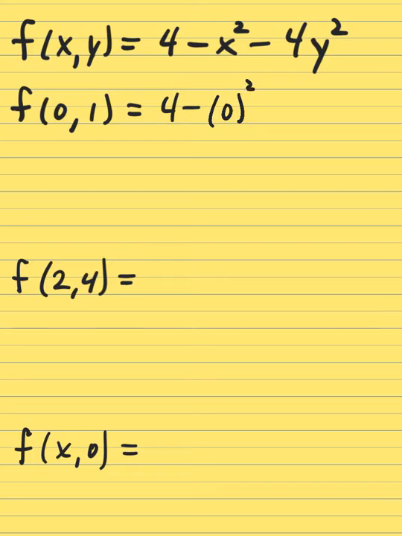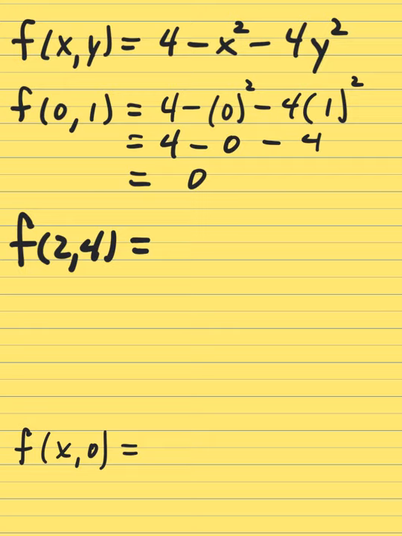Just instead of only plugging in one value, you've got several. And then we're going to plug a 1 in for the y, square that up. Be careful to use order of operations. 0 squared minus 4 times 1 squared. And this actually comes out to 0, doesn't it?